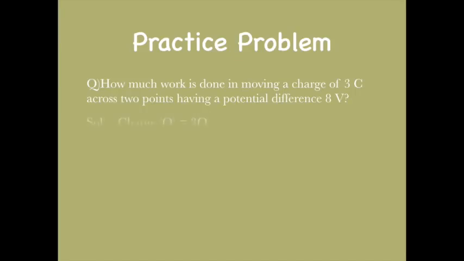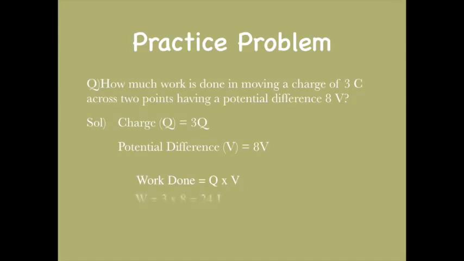From the given question, the given data is Q equal to 3 and the potential difference is 8 volts. By using the formula of work done, which is W equal to Q into V, and on substituting the values of Q and V respectively, I get W to be 24. So the work done is 24 joules.